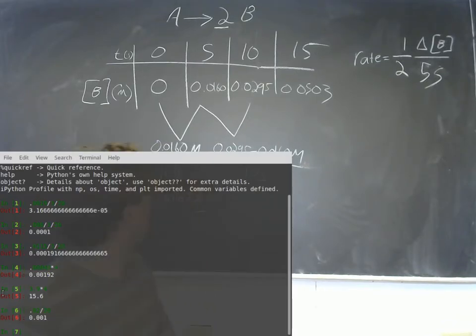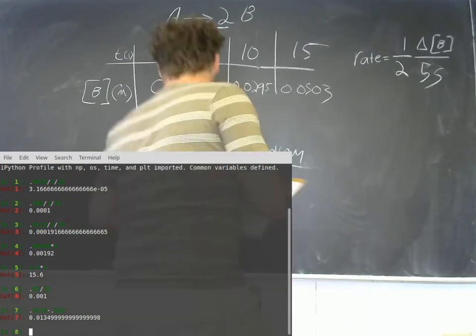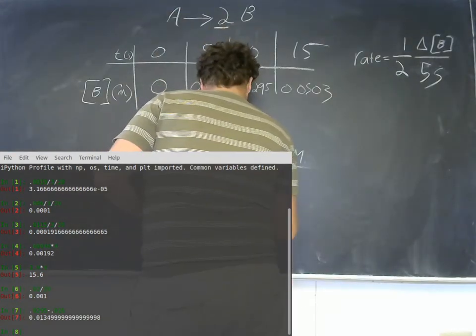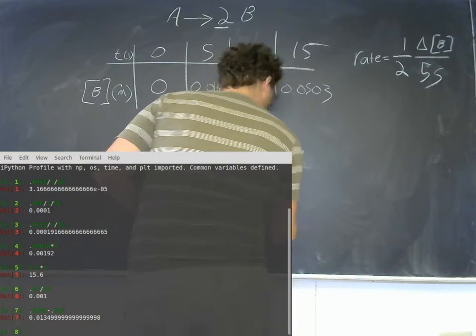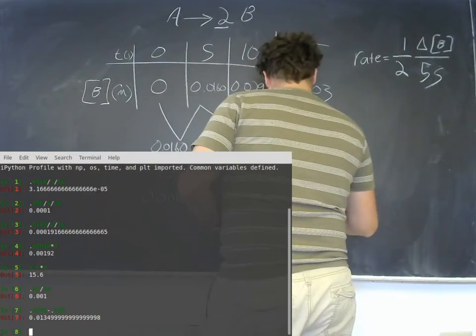Okay, so it'll be 0.0295 minus 0.016, and so that's going to be 0.00135 molar per second.